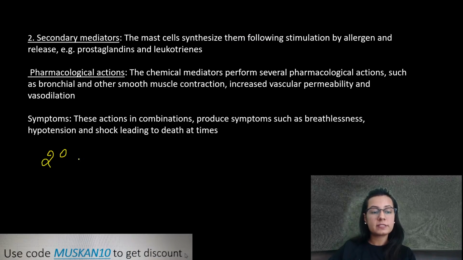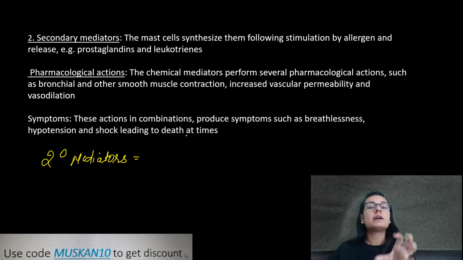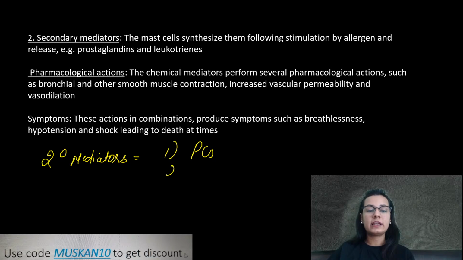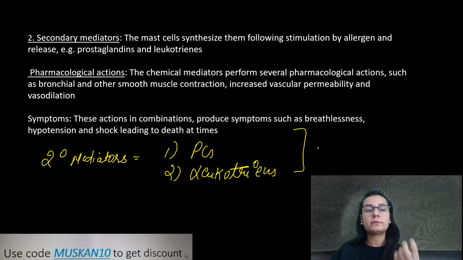And we talk about the secondary mediators, that is the secondary granules that are released by the mast cells. That is, the mast cell will synthesize them after stimulation by any antigen or allergen. An example is the prostaglandins and the leukotrienes. They are not preformed, they are later synthesized by the mast cells.